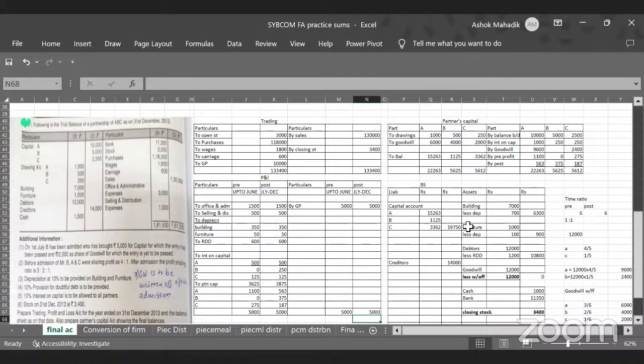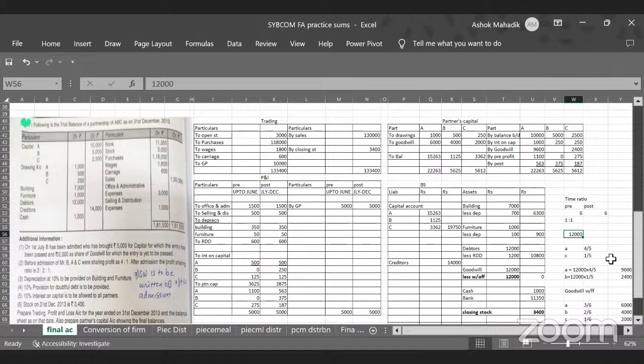What you'll do is write by goodwill on the credit side. Whatever amount of goodwill is raised, divide that between the old partners using their old ratio. In the sum, the old ratio is given as 4:1 of A and C.